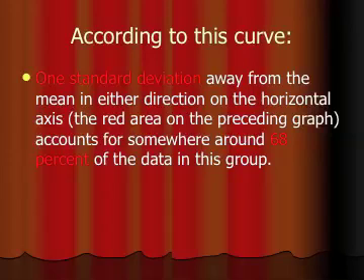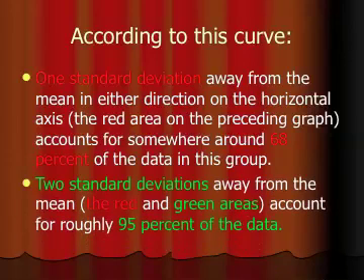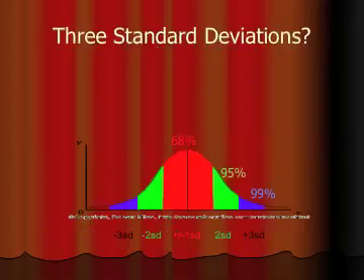That means that 68% of your data points are going to be between plus or minus one standard deviation. Two standard deviations away from the mean, that means the red and the green, account for roughly 95% of the data. That means that 95% of the data is going to be plus minus two standard deviations away from the mean. It makes sense.